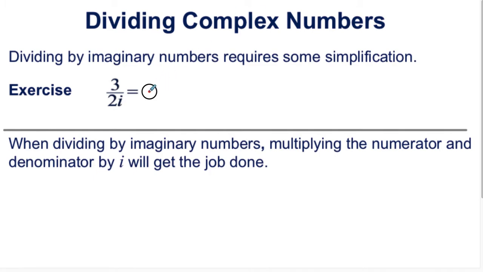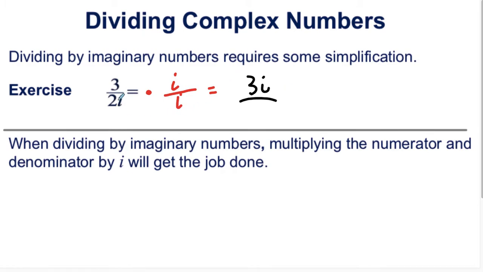So we're going to multiply the numerator by an imaginary number i, and the denominator also by i. What that becomes is 3 times i, which is 3i. It's okay to have an imaginary number in the numerator, but it's not okay to have an imaginary number in the denominator.